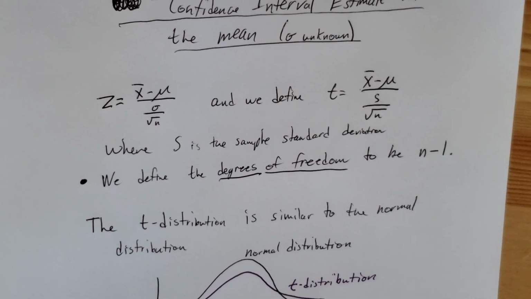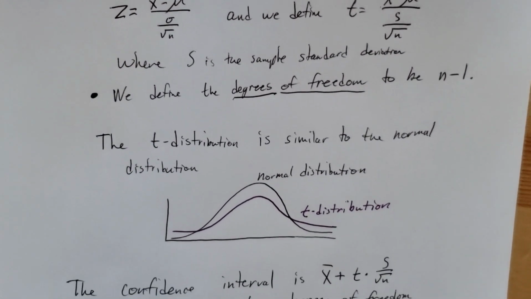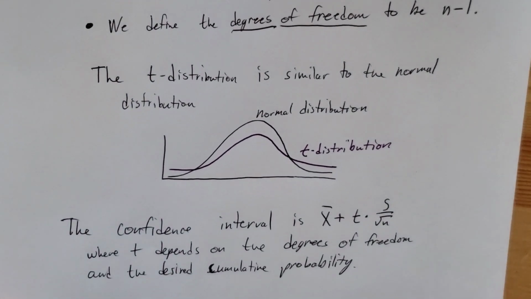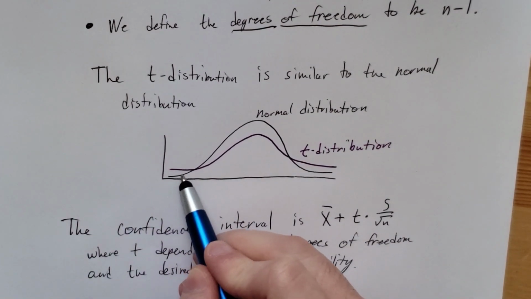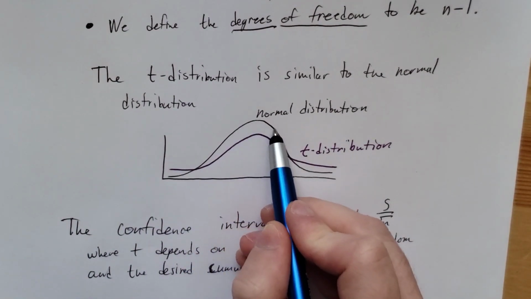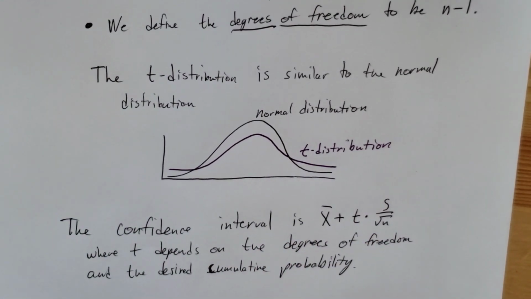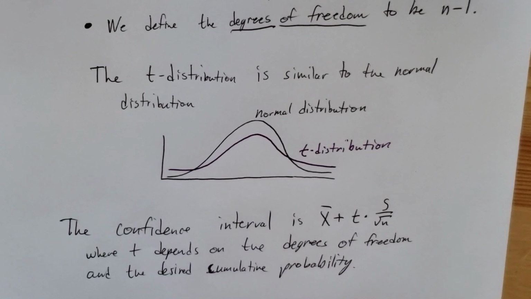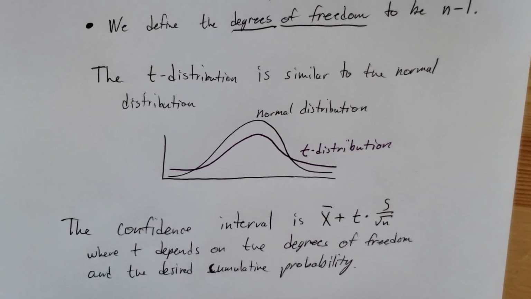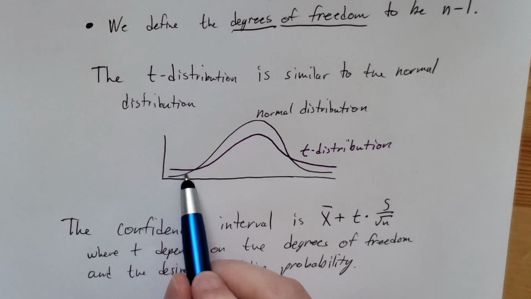Now, how does all of this fit together? Well, our t distribution is similar to the normal distribution. I've got a picture here. This is what our normal distribution looks like, and we're all familiar with that at this point. Our t distribution is a very similar shape, except that it's a little flatter.